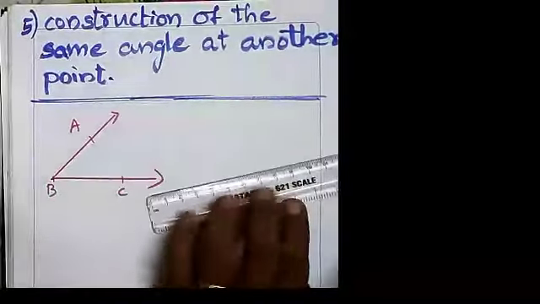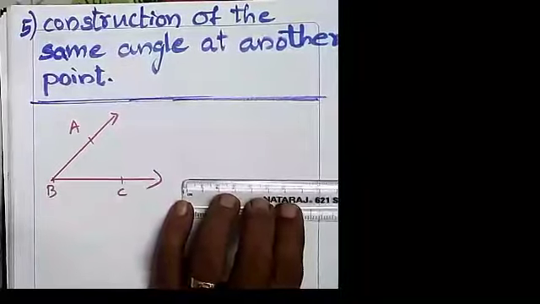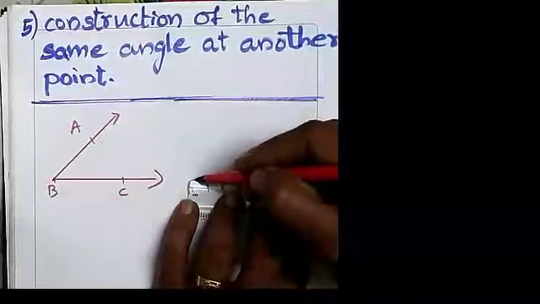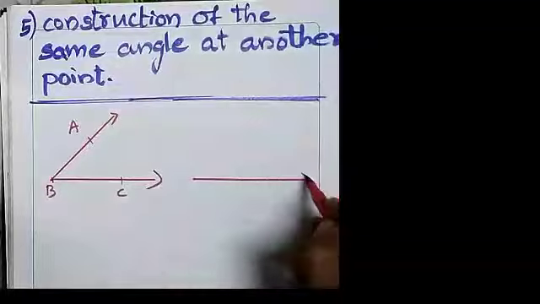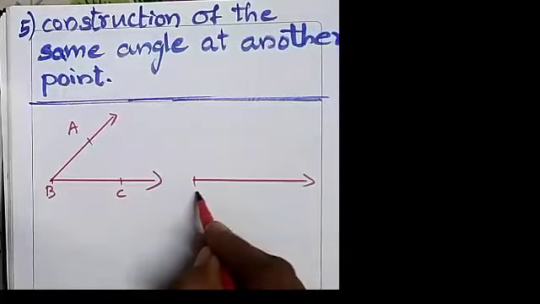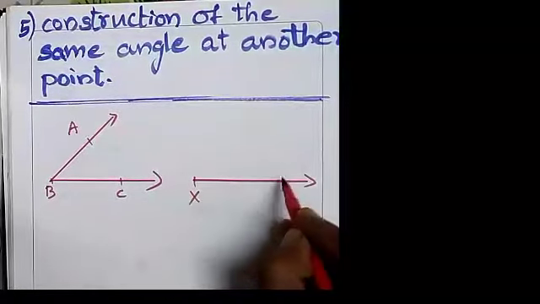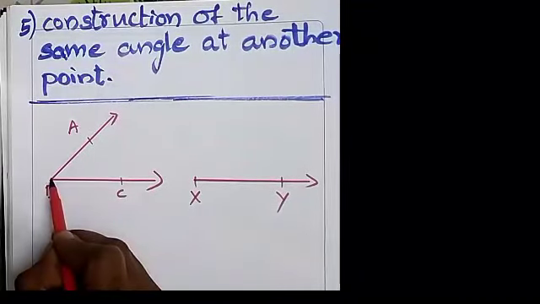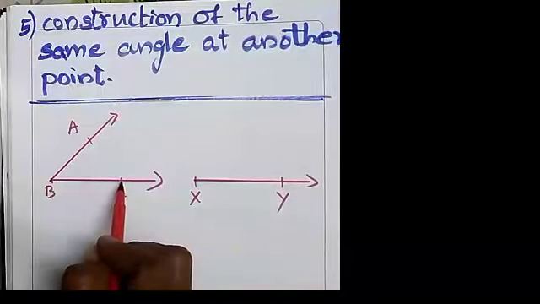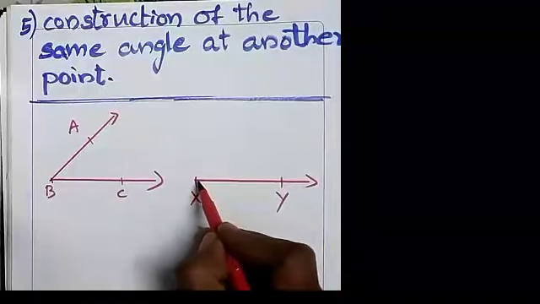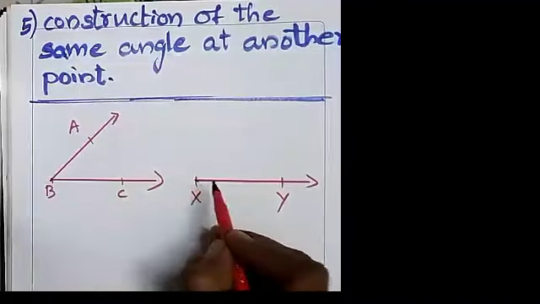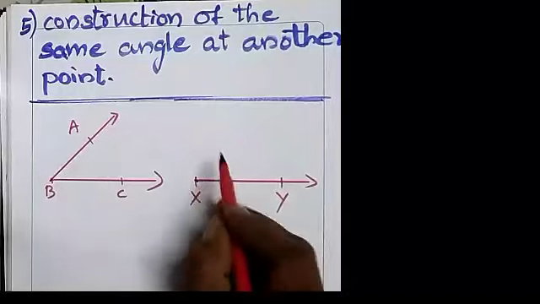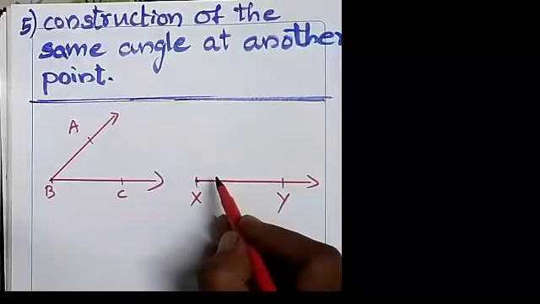We need to construct the same measure at some other point. So here we can select another ray, suppose it is XY. Here you can see the vertex B. This angle ABC we need to construct at this point X, meaning X as vertex, we need to construct the same measure here.